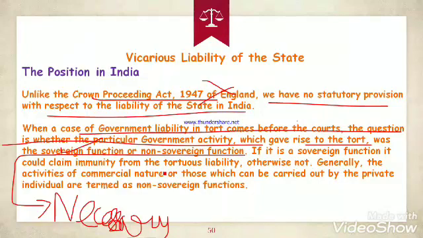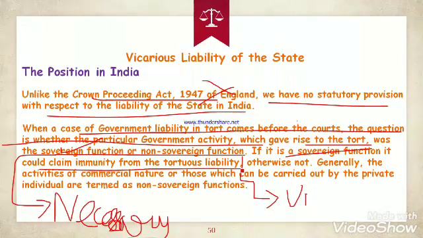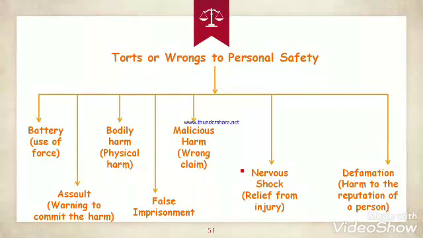And non-sovereign function means the function which the state did on its own wish and desire, for which it is liable to pay the damages to the victim. If it is a sovereign function, it could claim immunity from tortious liability, meaning the state will not have to pay any kind of damages. Otherwise, the state has to pay the damages to the private individual, which will be termed as non-sovereign functions.